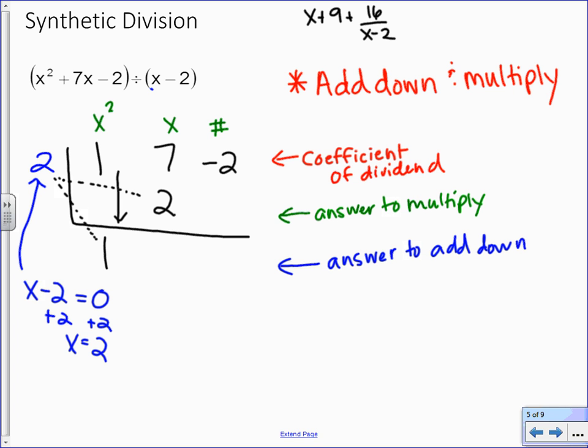So I added down to get 1, I multiply 1 times 2 is 2, and now I repeat, add down. 7 plus 2 is 9. Multiply. 9 times 2 is 18. Add down to get 16. Do the numbers at the bottom look familiar?